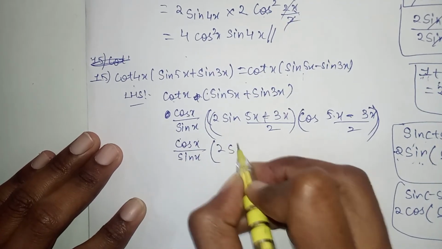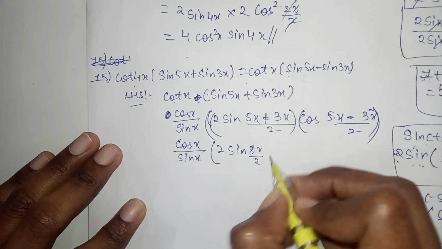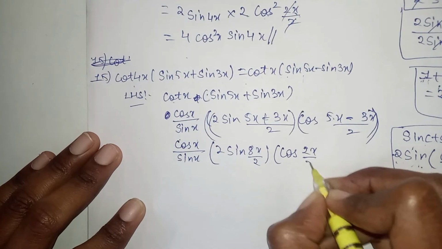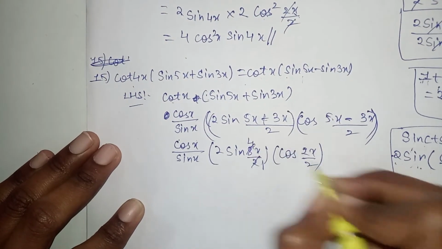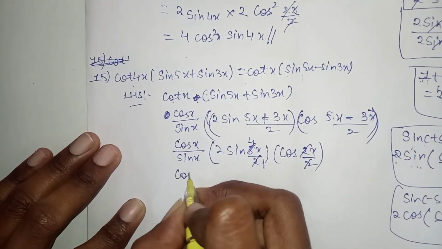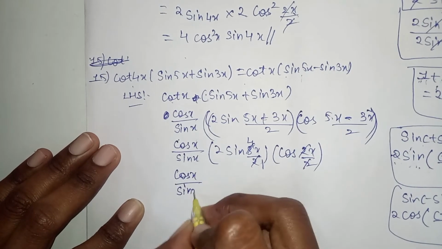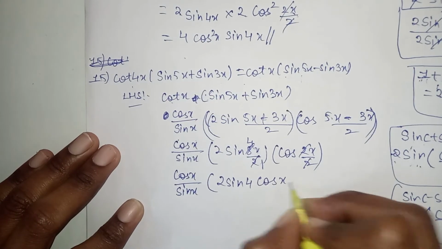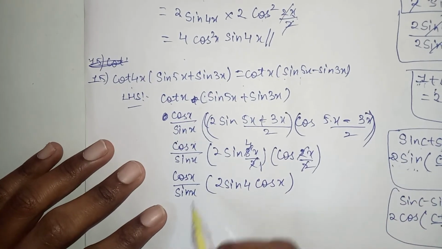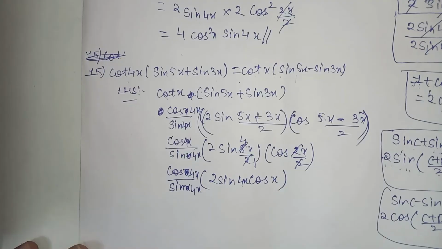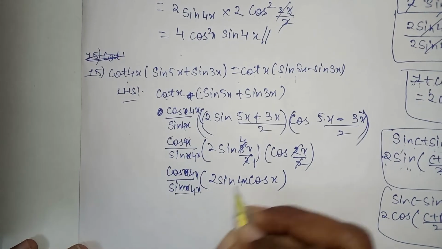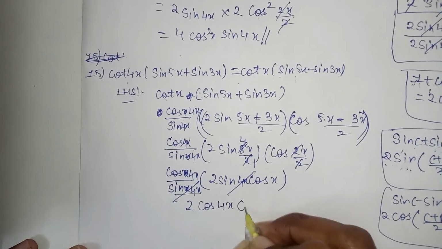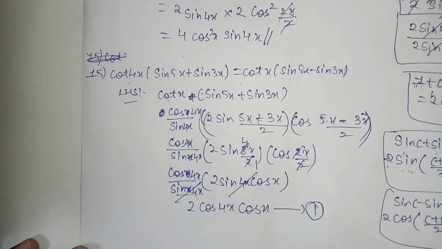So 2 sin of 5x plus 3x, 8x by 2, cos of 5x minus 3x, 2x by 2. 2 ones are 2, 4s are... 2 twos get cancelled. So 2 sin 4x cos x. Here sin 4x is the same, cancel it. So 2 cos 4x cos x. This is the first equation.